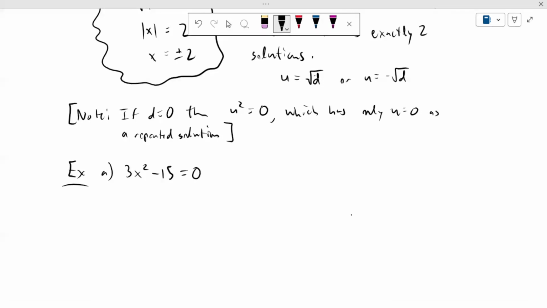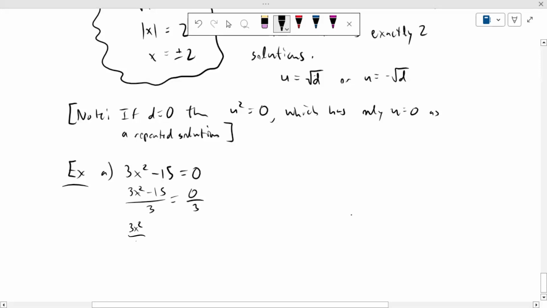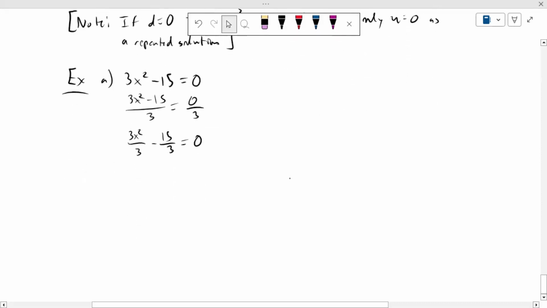Dividing by 3 distributes, so this is 3x squared over 3 minus 15 over 3 is equal to 0. The 3's cancel, and I'm left with x squared minus 5 equals 0.